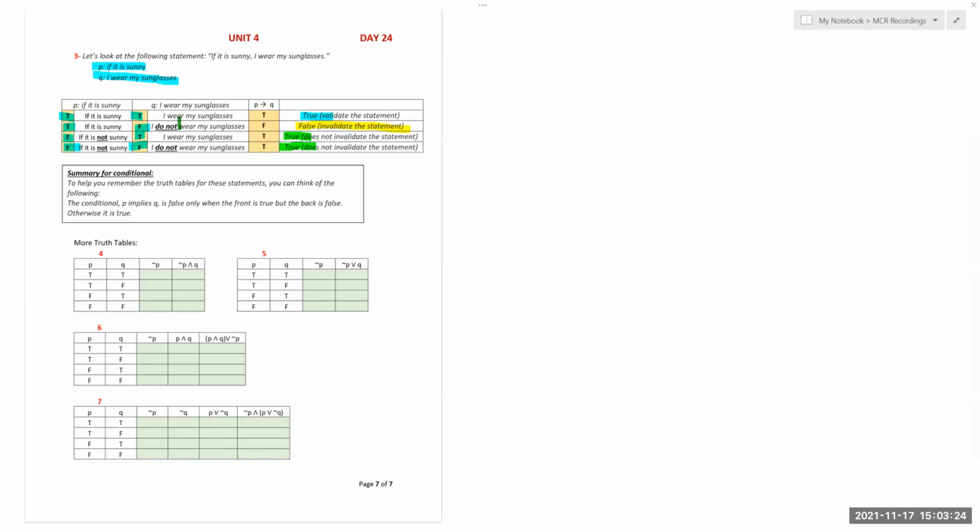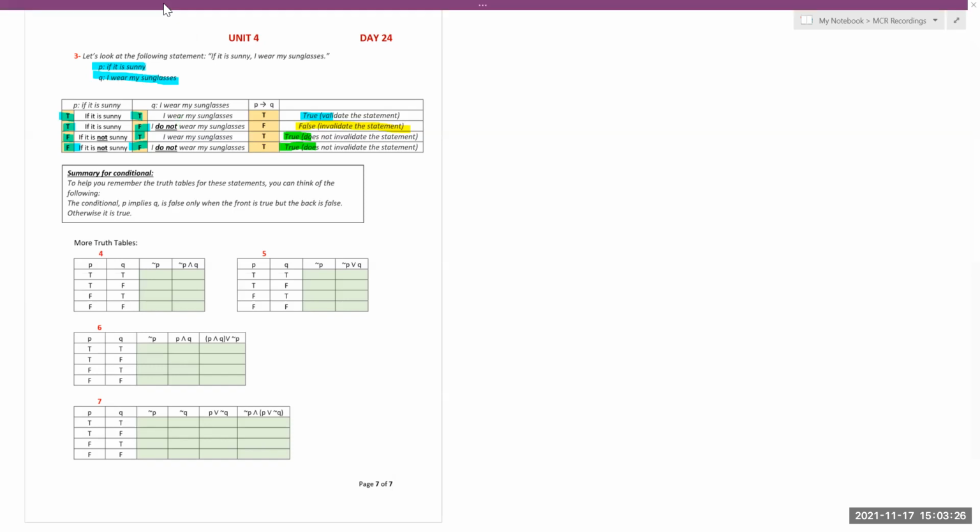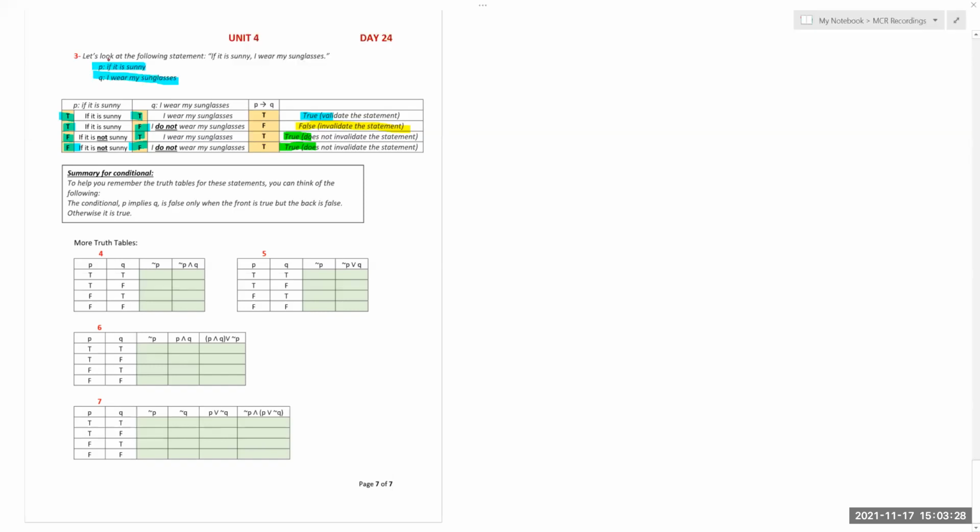You didn't invalidate the statement. So that's just that one more time mentioned. So again, the summary for the conditional, the front has to be true for the back to be false. That's the only way you can get false. Otherwise, it's always true. So if you didn't do the promise, if you didn't do P, there's no way to say it's false.